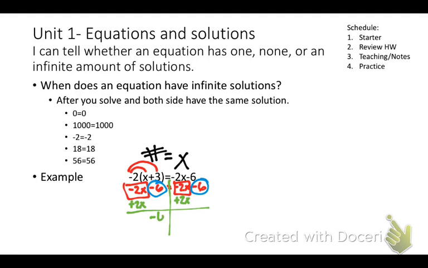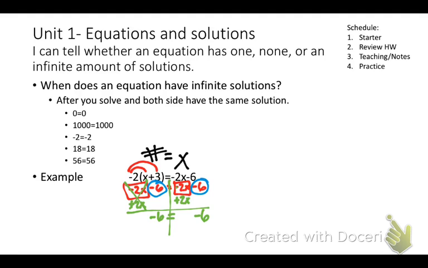Now I bring down that negative 6 because we know those are going to cancel out. And I'm going to bring down this negative 6 because I haven't done anything with it yet. Now I'm looking at this negative 2x plus 2x, well, that gives me 0. I'm left with negative 6 equals negative 6.